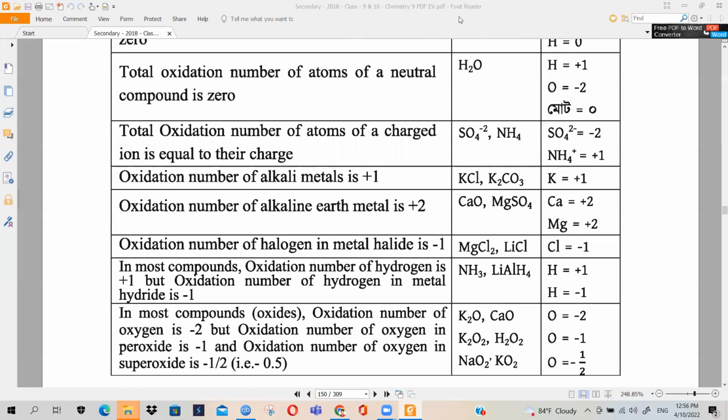Okay, and let me remind you of the alkali metals again in case you have forgotten.